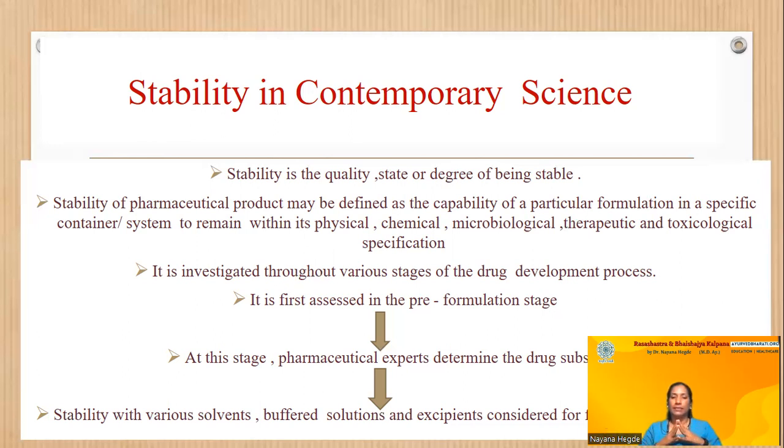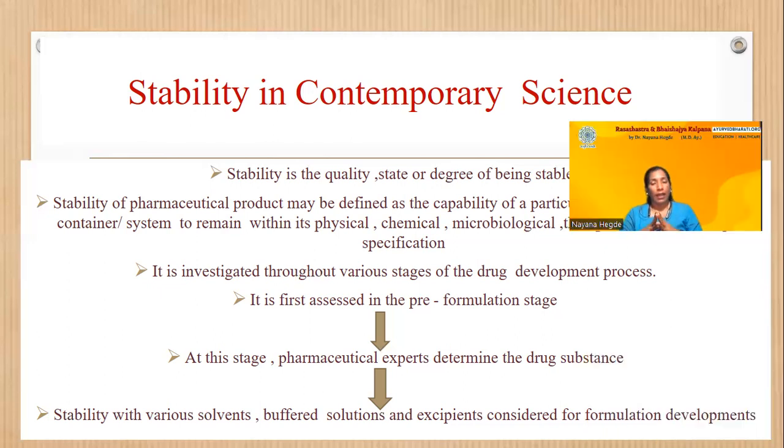इन्वेस्टिगेट करना चाहिए। It is first assessed in the pre-formulation stage. At this stage, pharmaceutical experts determine the drug substances. In the first stage, they understand the individual drug, they try to assess its stability, and they determine the stability of the drug substance.